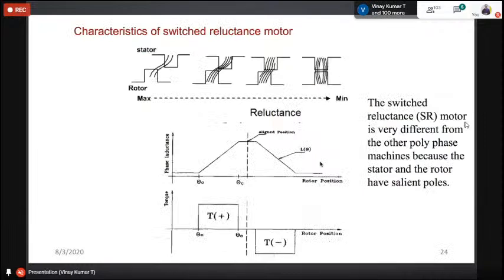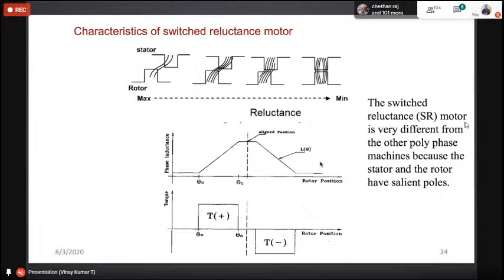So this is the characteristics of the switch reluctance motor. By using these characteristics, we can understand the main drawbacks of the switch reluctance motor in electric vehicles and regenerative braking. We can easily understand why torque ripples are more.